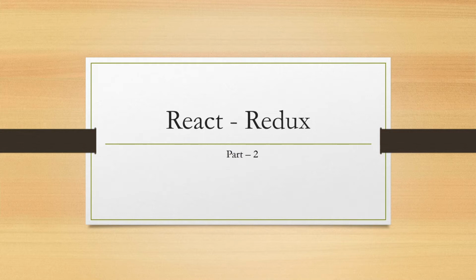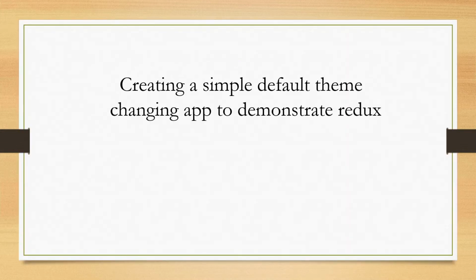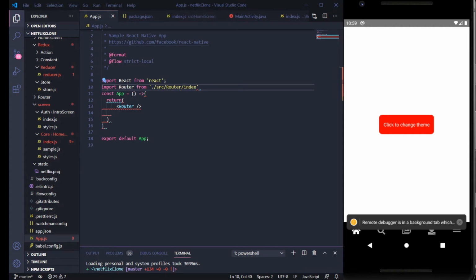In this video we are going to practically implement Redux in an application where the default theme will change using Redux. On click of this button, the default theme of our application will change.